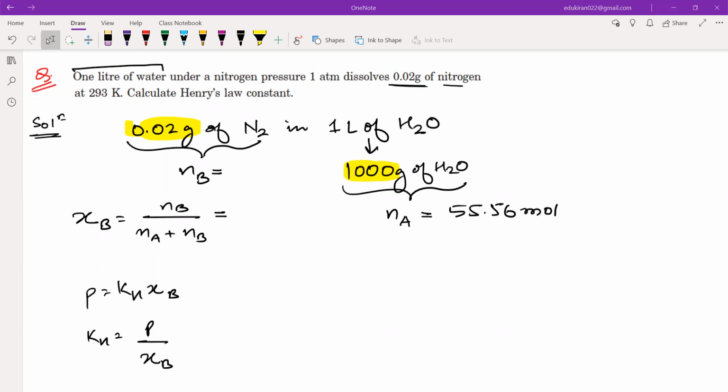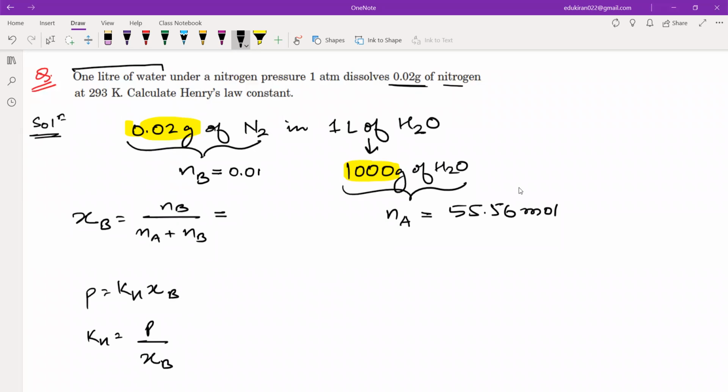I think that is going to be correct only. One second. So NB is equal to 0.00071.